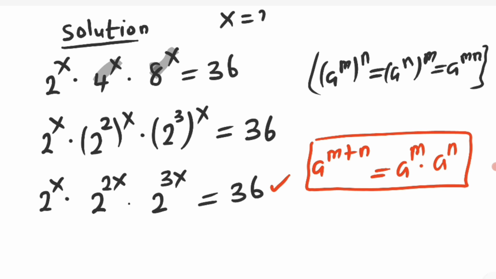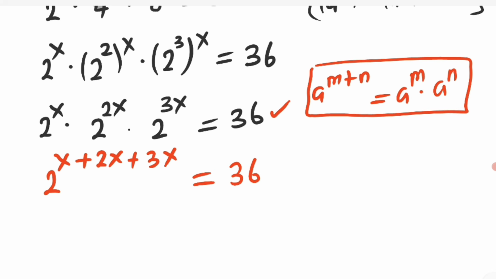Then this can be written as 2 raised to power x plus 2x plus 3x is equal to 36. Now we have 2 raised to power x plus 2x plus 3x, that is 6x is equal to 36.